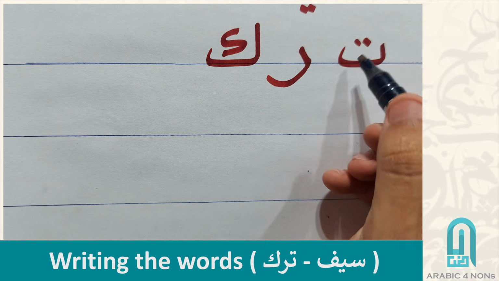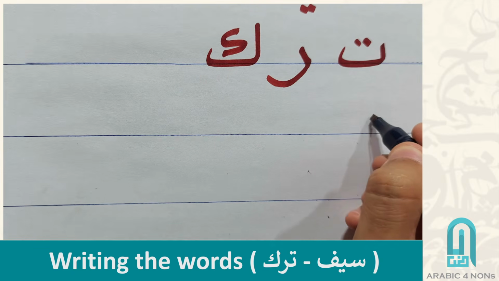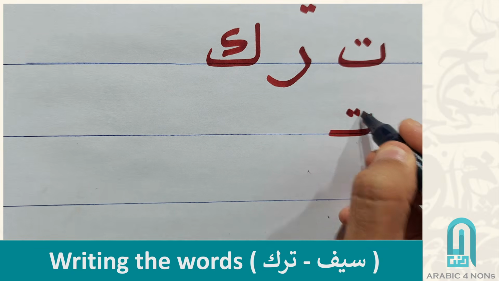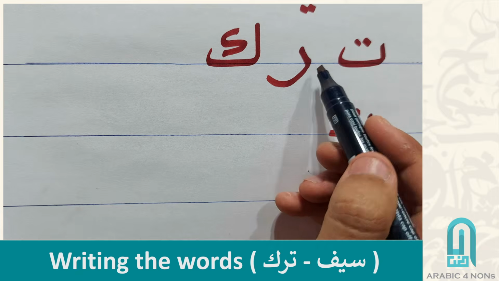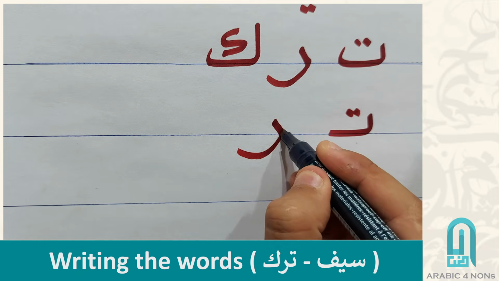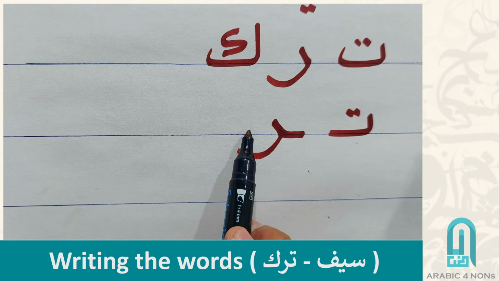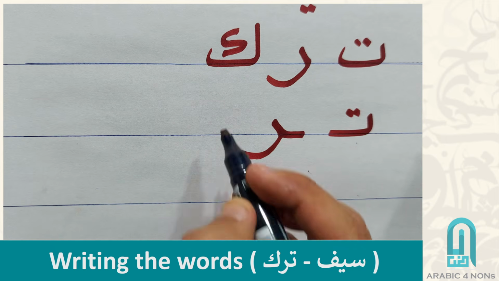Let's now shape the letters. The first one, we delete this pin and stretch a line, like this. The second one, we stretch a line to the right, like this. And as we said, this letter, ra, cannot be joined from the left. So we leave a gap, and this one stays the same.